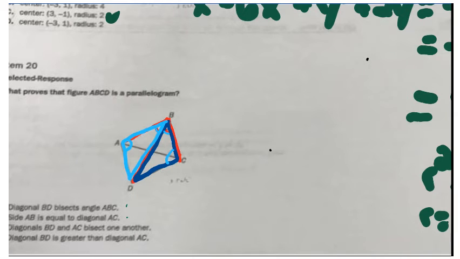So we have this angle congruent to this angle, this side congruent to this side, this angle congruent to this angle, and this side congruent to this side, because if it is a parallelogram, those sides are going to be congruent to one another. So we've got angle, side, angle. That is definitely a proof.